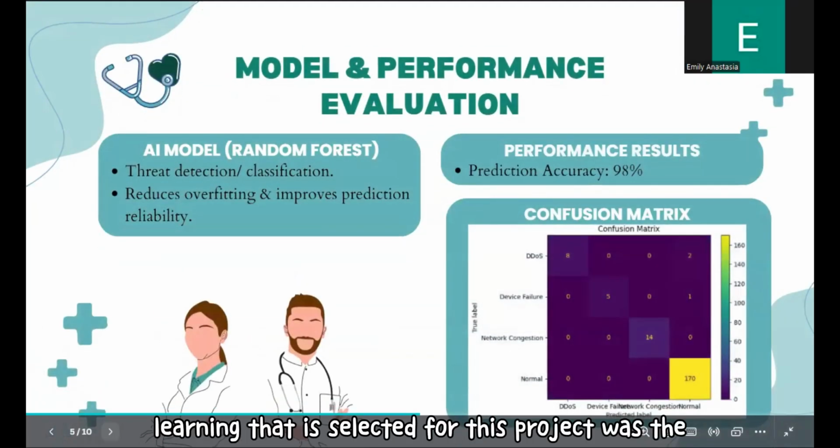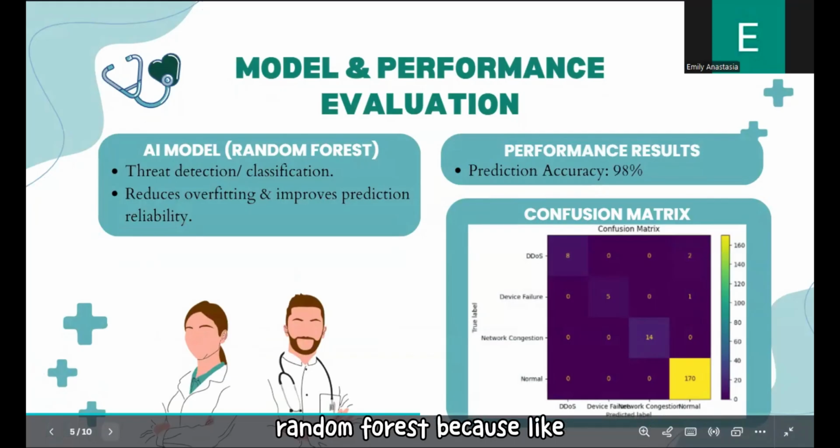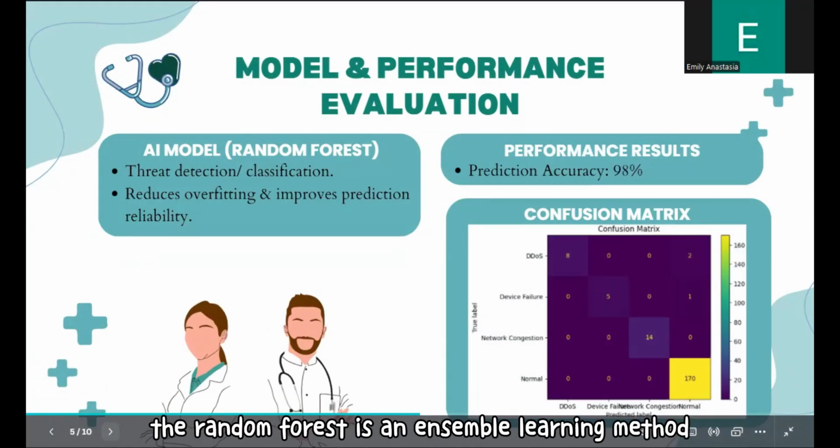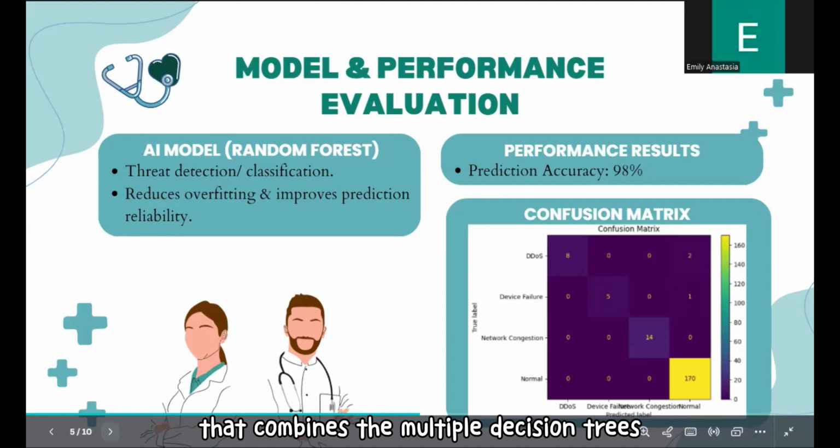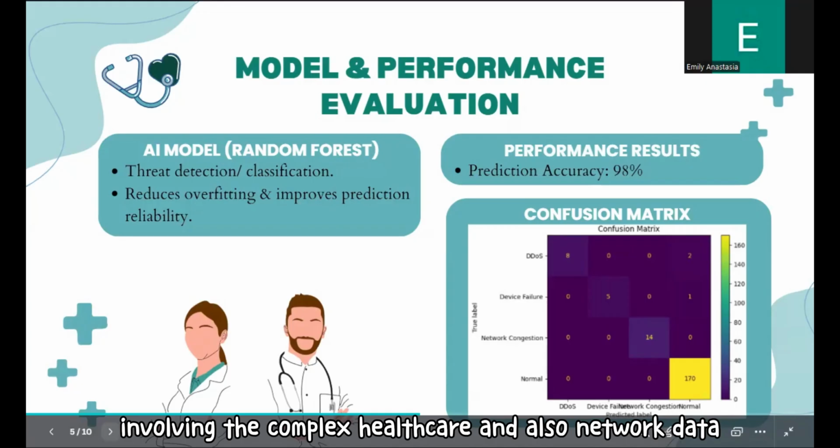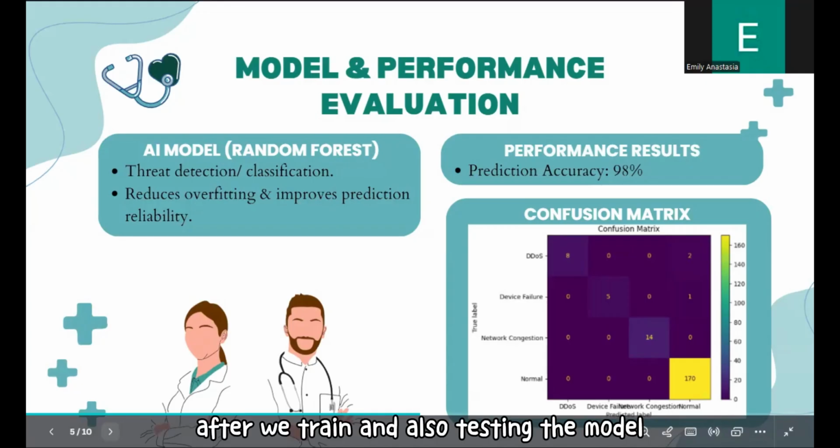The machine learning model selected for this project was random forest, because random forest is an ensemble learning method that combines multiple decision trees to improve prediction accuracy and reduce overfitting. This makes it particularly suitable for classification problems involving complex healthcare and network data.